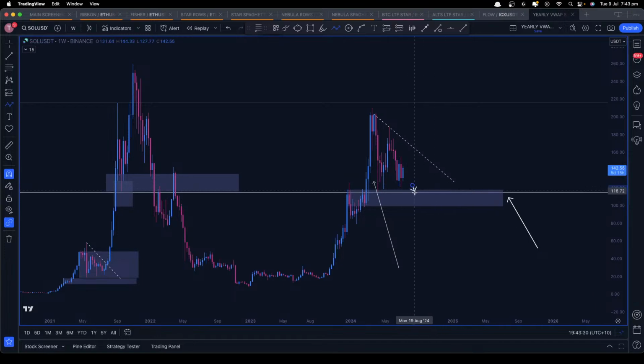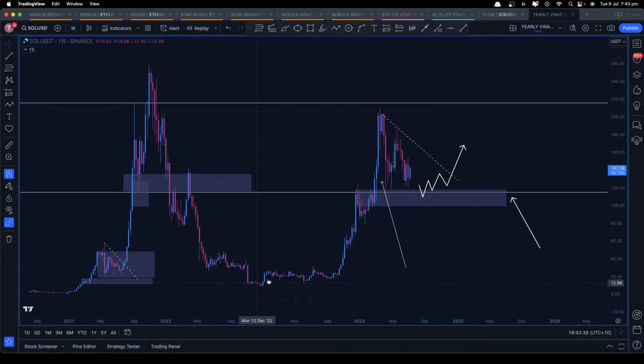Any sort of move into here is a buy, and the longer we remain here, the more bullish I am. You don't have to buy the bottom, you can just buy the breakout. How do you know when the breakout is coming? Well, there's various ways. You can use oscillators such as the RSI or the Awesome Oscillator.